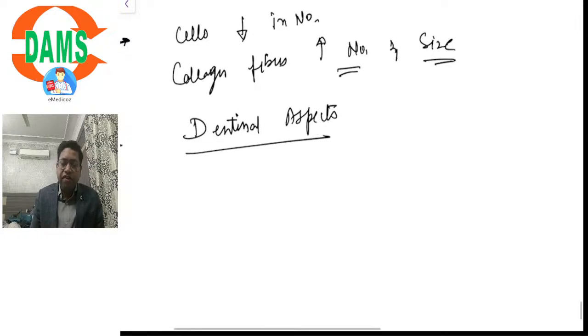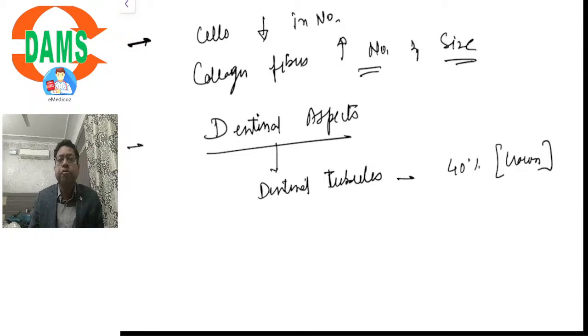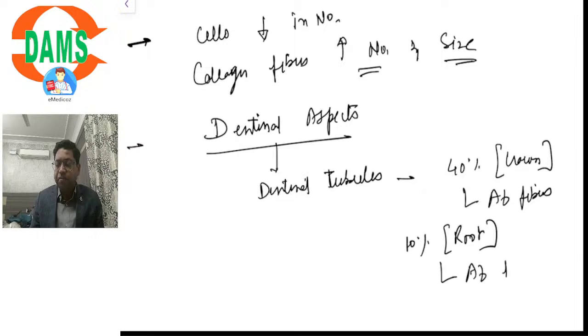So whenever there is a dentine coverage over the pulp, this dentine consists of dentinal tubules, okay, and 40% of the tubules in the crown portion consist of A delta fibers, and only 10% of tubules in the root portion of dentine consist of A delta fibers.